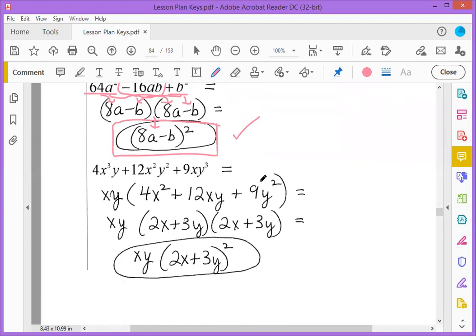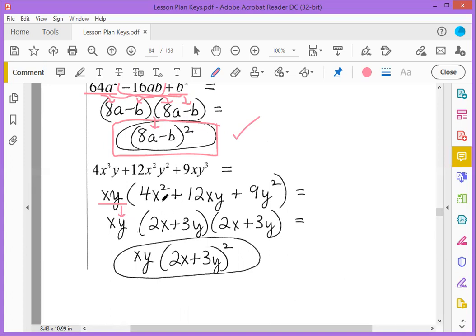Now in the next example, we have a GCF, a common factor that we can factor from all three of these terms. So we first factor out xy. From the first term, from 4x cubed y, we're left with 4x squared. When we factor xy from 12x squared y squared, we get positive 12xy in parentheses. And when we factor xy from 9xy cubed, we get 9y squared in parentheses. So you carry down that xy that you factored out.